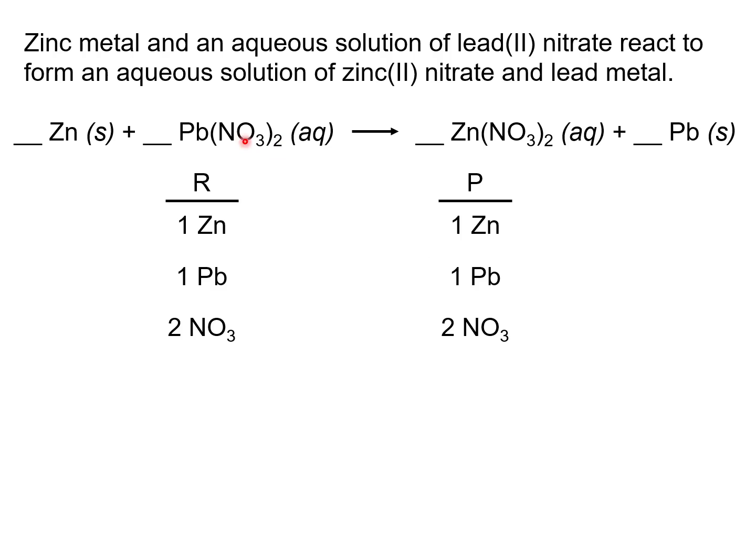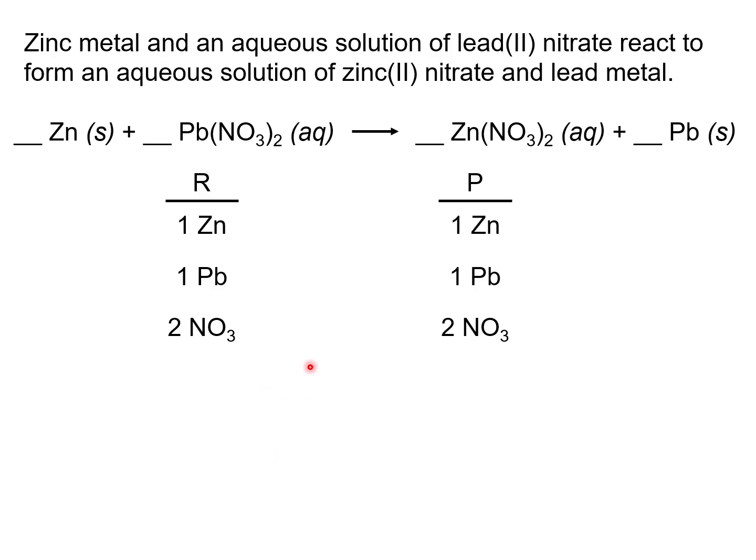So here we have 2 nitrates on the reactant side, which is why I wrote that there, and then 2 nitrates on the product side. You should also make it easier on yourself by writing them in the same order so you can go back and forth and compare easily. So if it's a really, really long equation, you won't get confused. So that's why I have it as zinc, lead, and nitrate over on the product side, even though it's not written in that order on the product side.